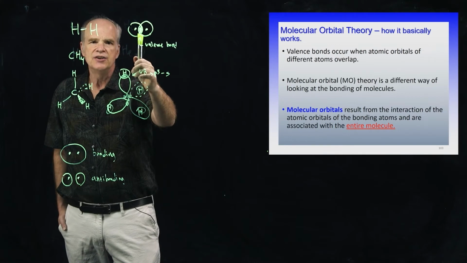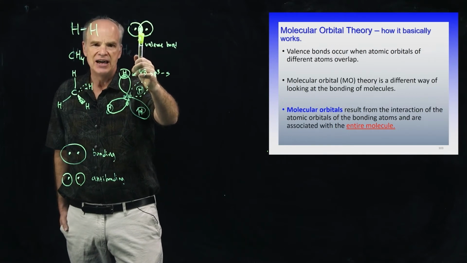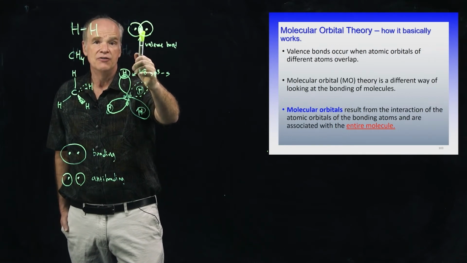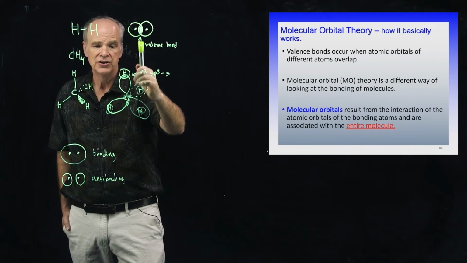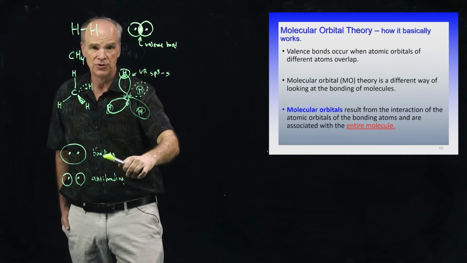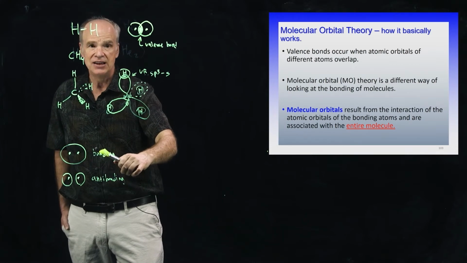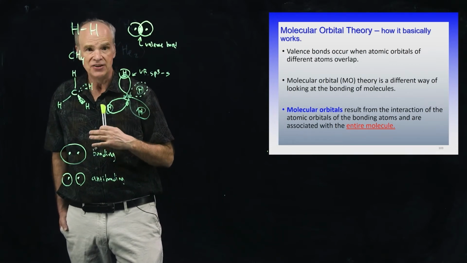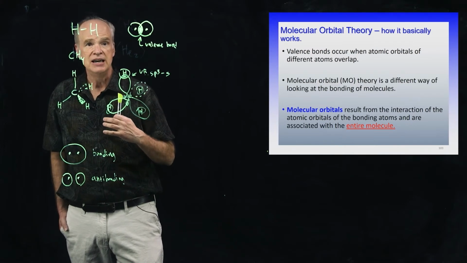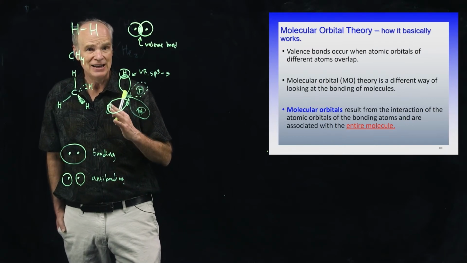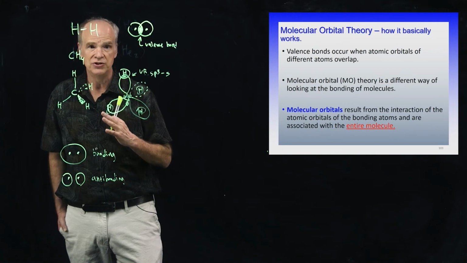In valence bond theory, this is the area of overlap from two different atomic orbitals. With molecular orbitals, you create, in this case, two new molecular orbitals, but this time a molecular orbital is not associated with one particular nucleus.